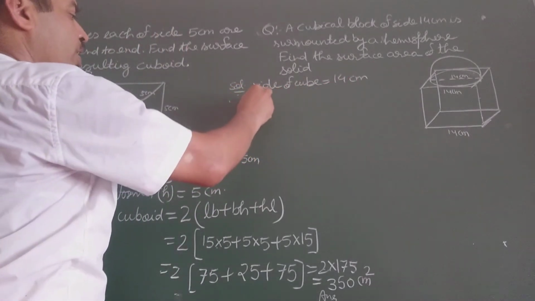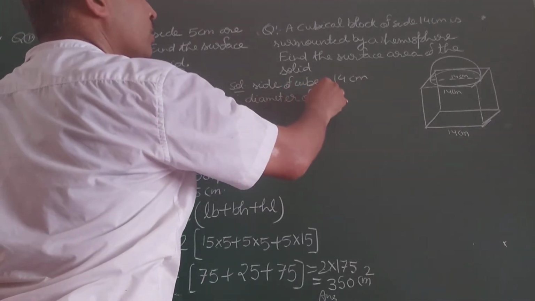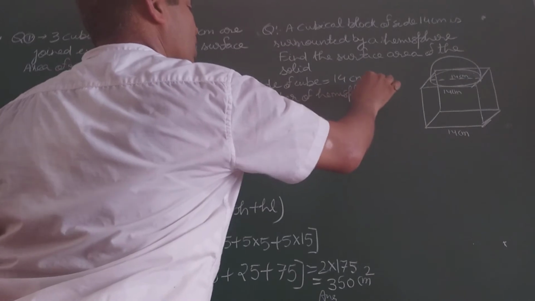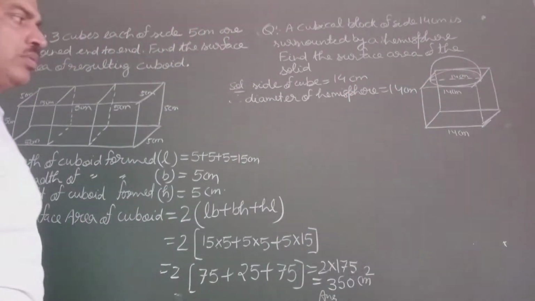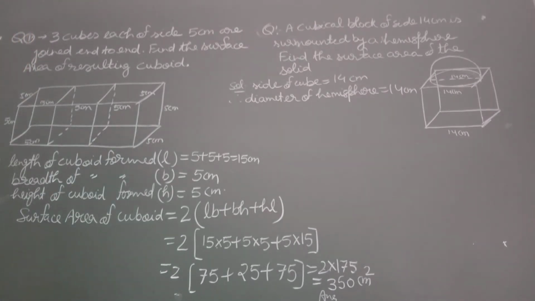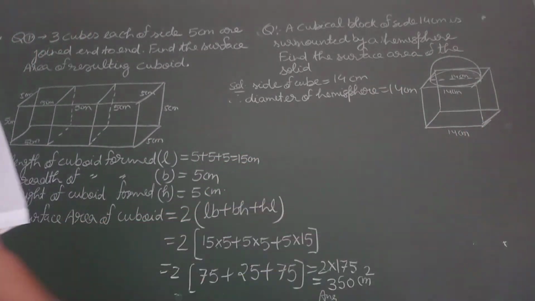Therefore, diameter of hemisphere equals 14 centimeter. Correct? So how can we find out its surface area?